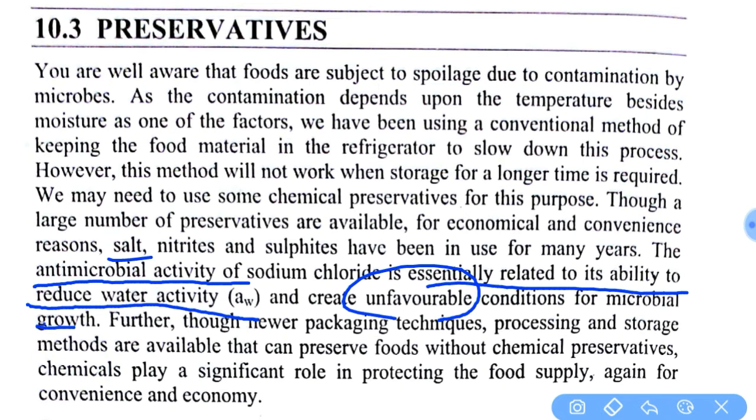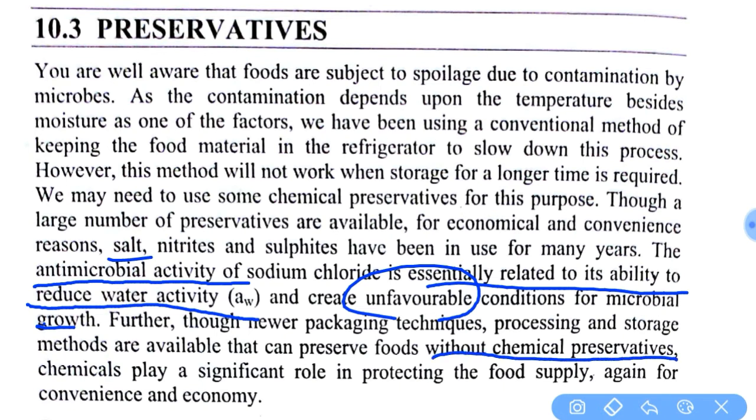These chemicals will create what? They will create unfavorable conditions for growth. But in modern days, different packaging techniques like vacuum packaging, aseptic packaging, and hermetic packaging have been developed, and that's why these techniques are preserving foods without the use of chemical preservatives.